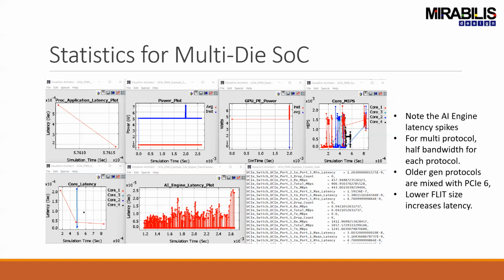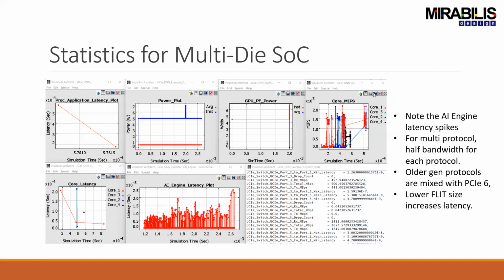The flit size, because of that, is going to be lower. You're not going to get the maximum flit size, which means decreased efficiency and increased latency. So you can start seeing what the overall latency considerations are across different ports of my architecture.